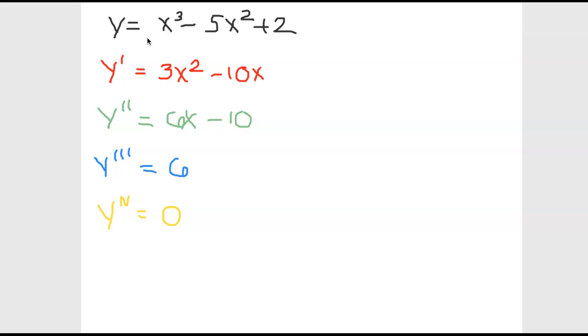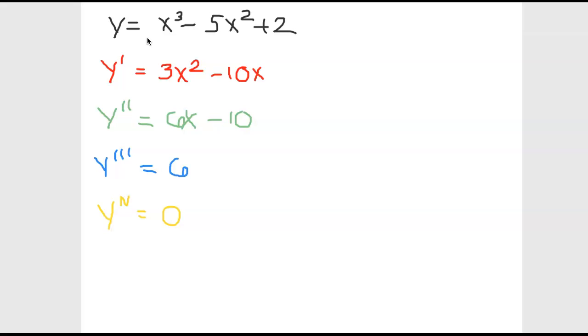So you have two ways you can write the fourth derivative. You can write it as the Roman numeral 4 or as the number 4. Do not draw 4 primes though. Once you get a derivative of 0, all derivatives after that are 0.